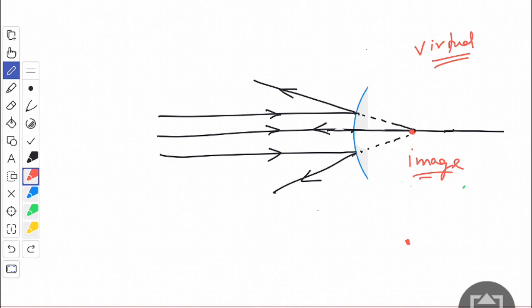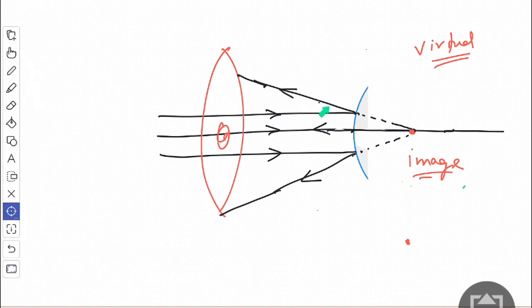Now this eye is seeing these rays come towards the eye. Makes sense, right? The eye does not know where the object is. It can only see that these three rays are coming in, meeting the eye, and the eye will look at this and say, oh, they are coming from this point, so this is where the object is.